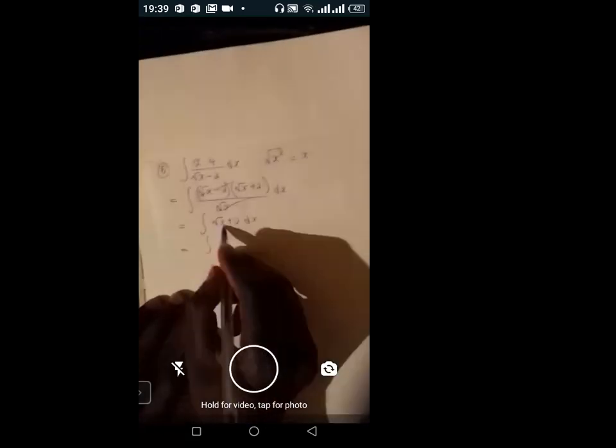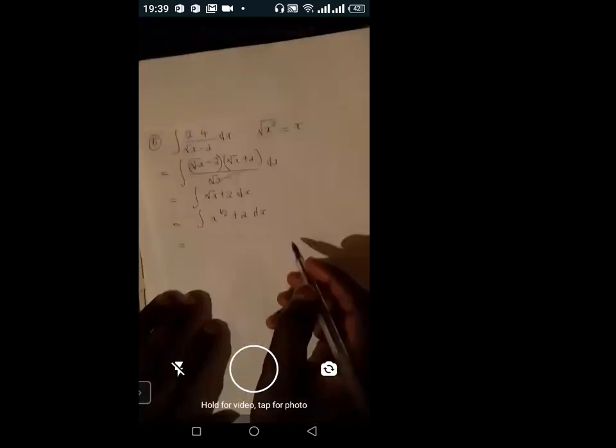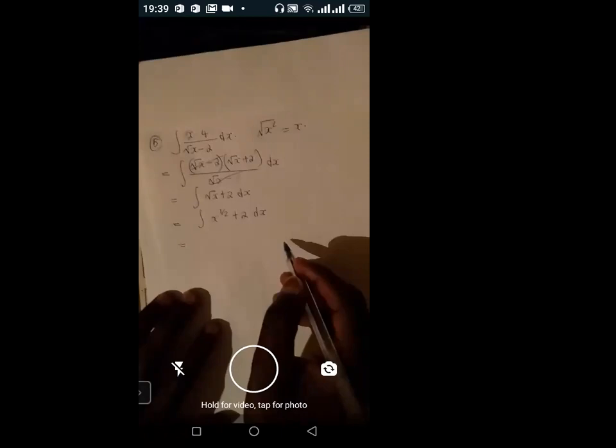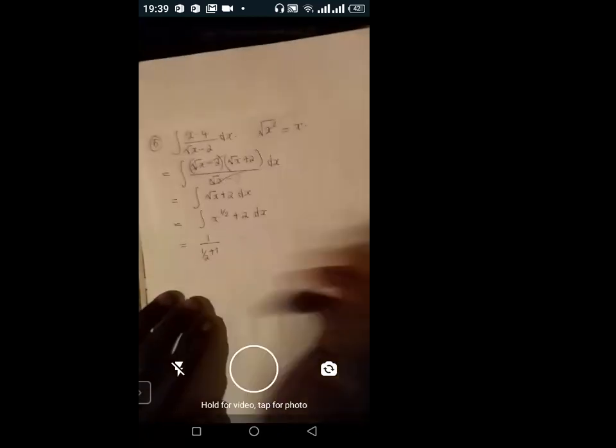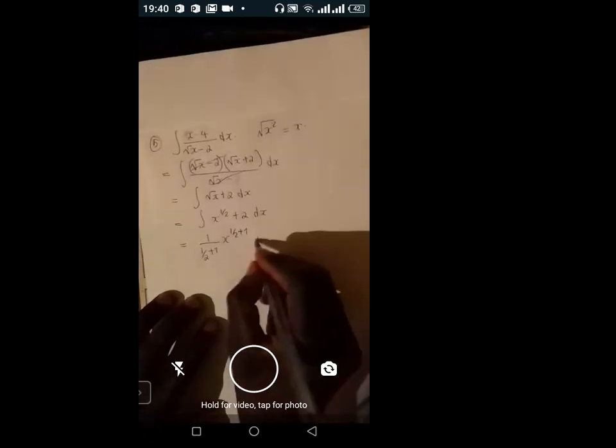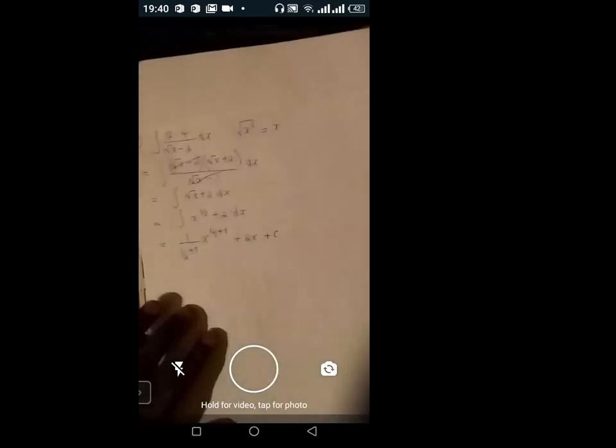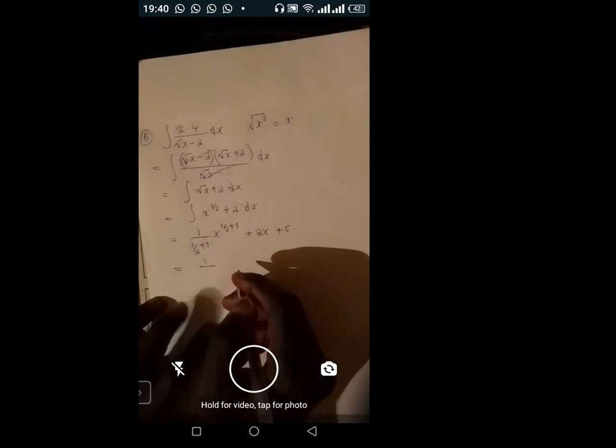So this will be equal to x to the power 1 over 2 plus 2, dx. This will be equal to 1 over 2 plus 1, x to the power 1 over 2 plus 1, then plus 2x, and you have plus c, a constant there.